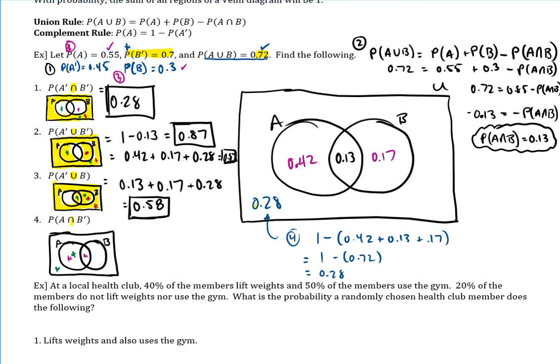The "and" symbol is where they're overlapping. So the one crescent shape of A is all I want, which is the 0.42. There they are.